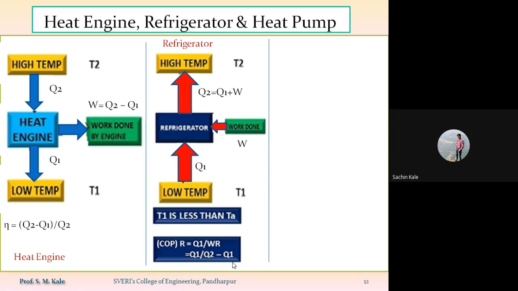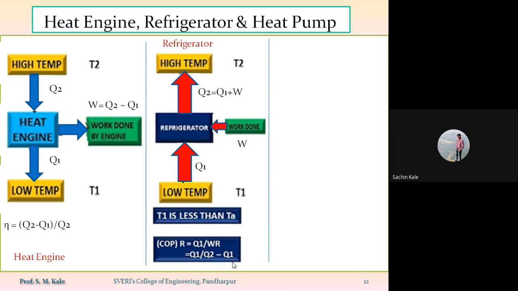Thakre, can you tell the difference between refrigerator and heat pump? Yes, sir. Heat pump extracts heat from lower temperature to high temperature with external work. No.